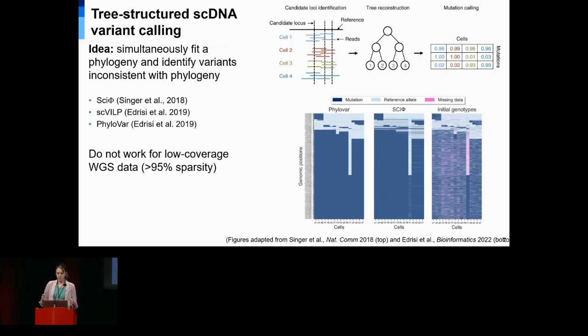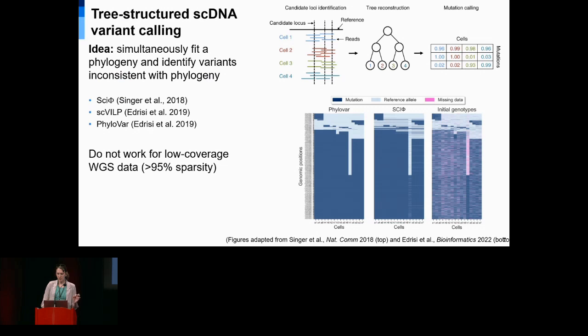And these work generally fairly well on targeted whole exome data, but they do not work at all, essentially, for the low coverage data we're dealing with. They essentially expect up to maybe 30% sparsity instead of 95, 99%, which is what we have.